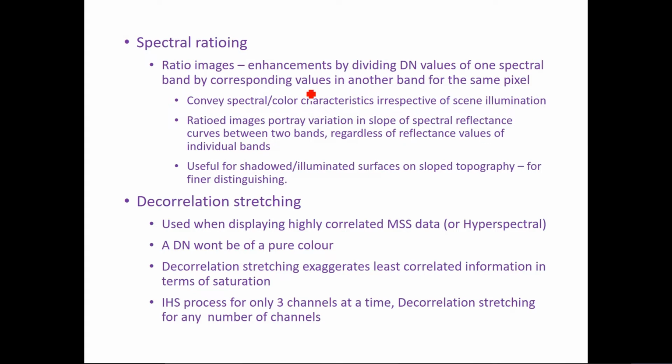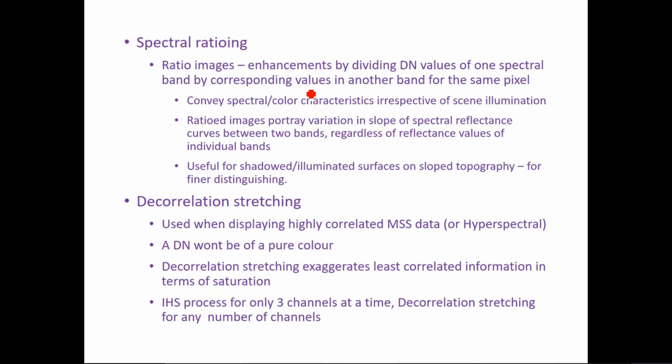All right, that's the basic concept behind it. So once you divide these DN values by the corresponding values in another spectral band, you can better obtain the spectral characteristics of that particular DN, whatever the scene illumination is.